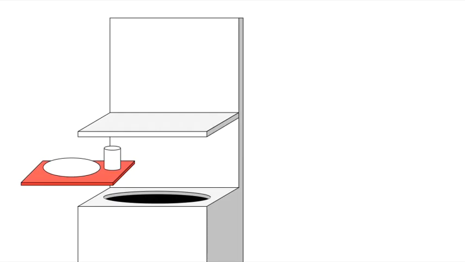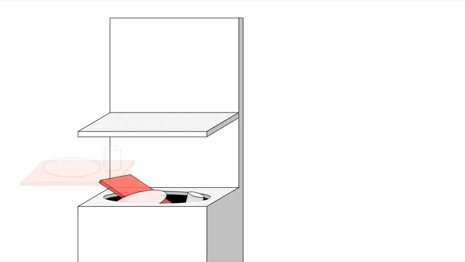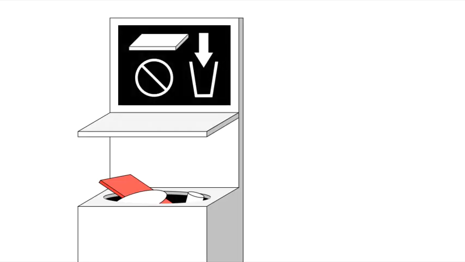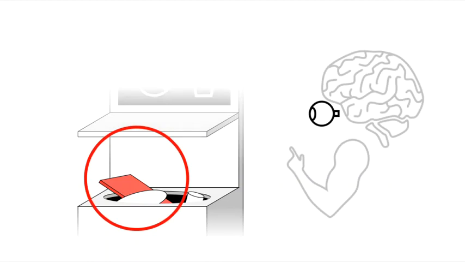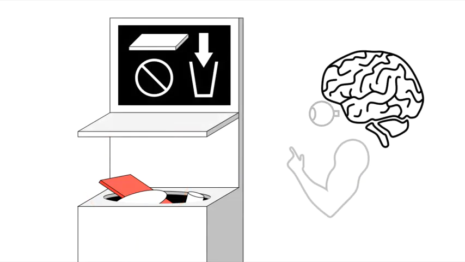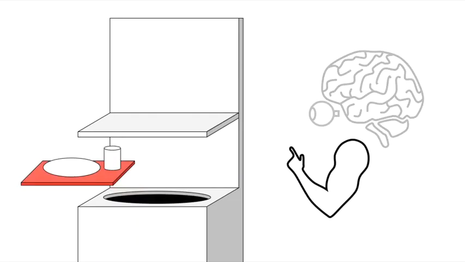Imagine that a restaurant wants to stop people from throwing their trays in the garbage by accident. You could have a sign to tell people not to do that. But people might be focusing their central vision on the tray and not see it. Or they might not understand the icons on the sign. Here it's still possible to make a mistake.